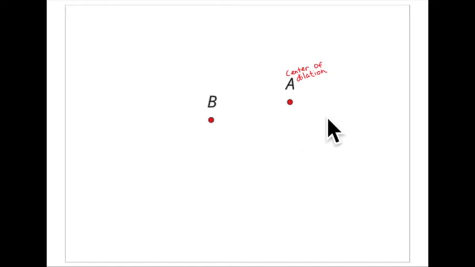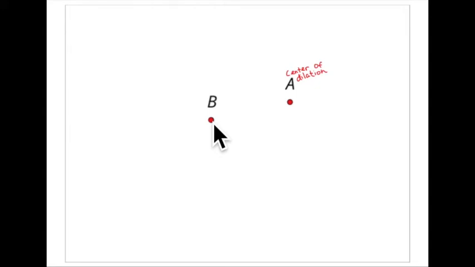So the first one says plot the point for each dilation described. Plot means place the point. And so where is C if C is an image of B and A is the center of dilation and a scale factor of 2? Okay, so A is the center of dilation, so that's the starting point, and B is the point that is getting dilated.